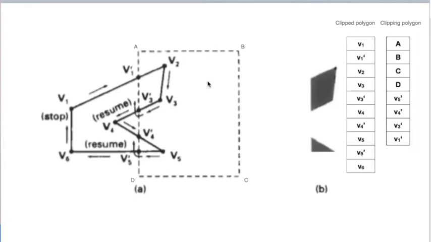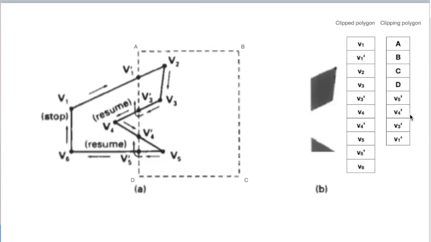Then again we resume, and you find the next entering vertex in this clipped polygon. So first was V1 dash, the next entering vertex is V4 dash. So you start from V4 dash, V4 dash to V5, V5 to V5 dash. V5 dash is another intersection vertex, which is an exiting vertex. So you go to the clipping polygon. Here there is V5 dash, and next is V4 dash.